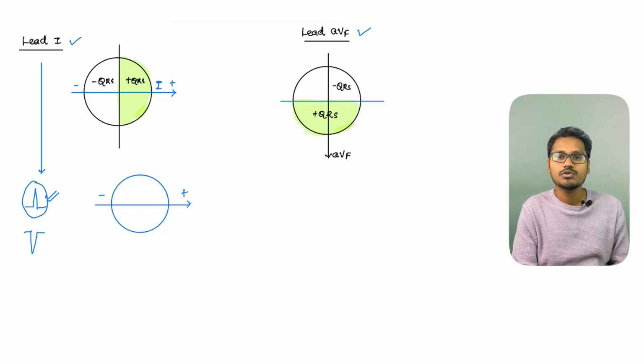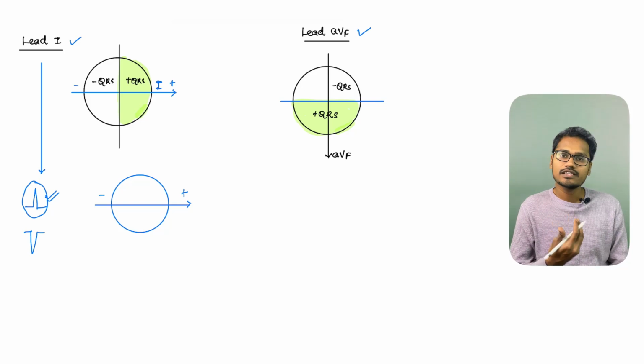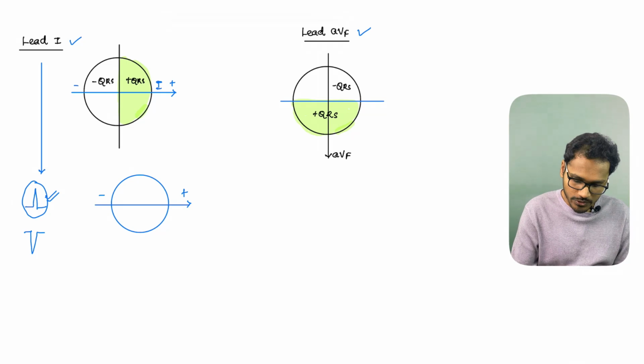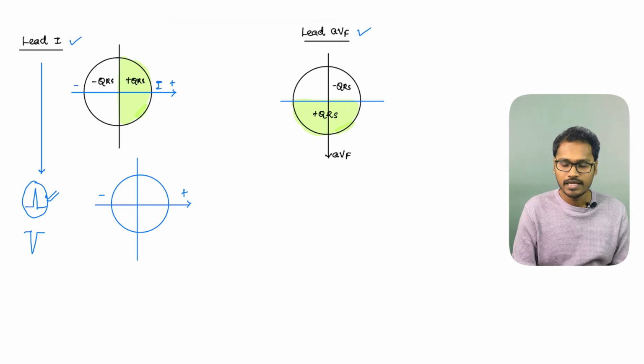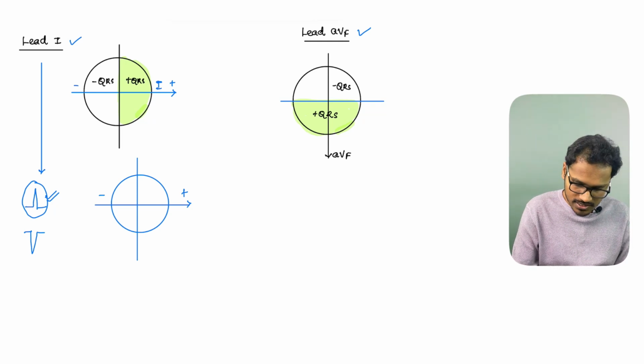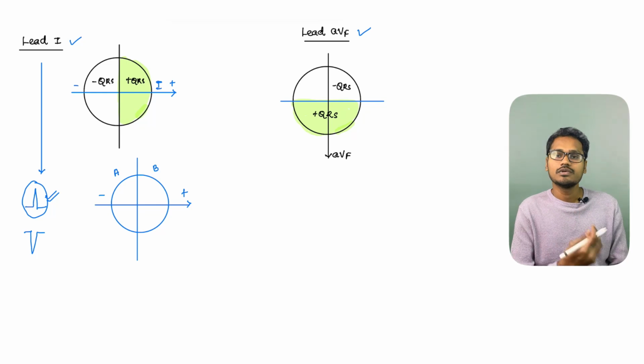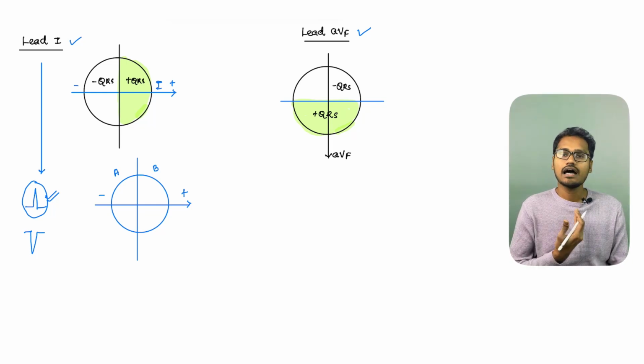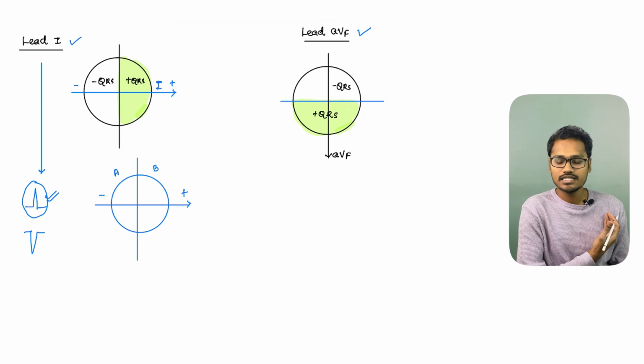The deflection is positive. So where does this deflection lie? We are trying to divide the lead into half. Whichever lead we are taking, we are going to draw a perpendicular to that lead. Now tell me, among this A and B side, which is going to be positive? Because the positive lead is here, this half we will consider as positive.